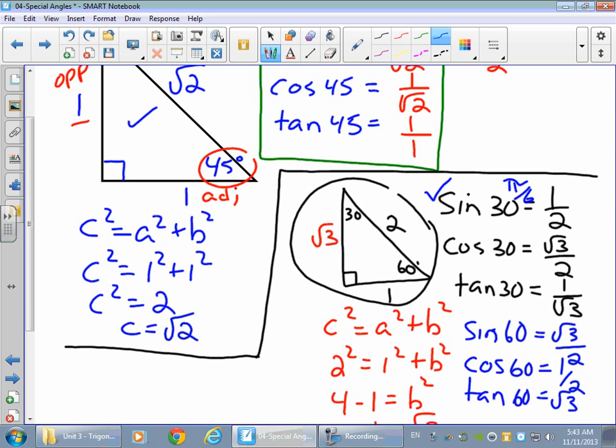And unfortunately, it will be kind of your responsibility to know those, or to be able to get those, whether it's draw these triangles onto your test paper and work from there, or actually memorize them. Those are basically your two options. There will be questions for sure where you need to use the exact values somehow.